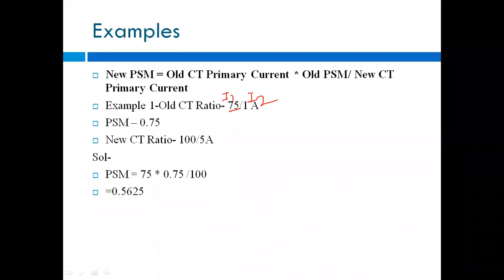So 75 into old PSM, which is 0.75, divided by new CT primary current, which is 100. You can solve this and the answer is 0.5625, your plug setting multiplier.